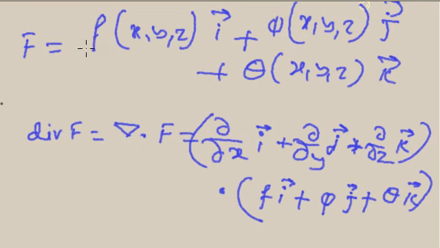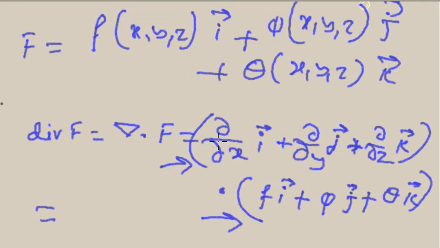Vector f has components: the short form of function of x, y, z is f, the short form of phi x, y, z is phi, and the short form of theta x, y, z is theta. So here are two vectors. The first vector is this, another vector is this. If you dot multiply two vectors, it will always equal the multiplication of i components plus the multiplication of j components plus the multiplication of k components.